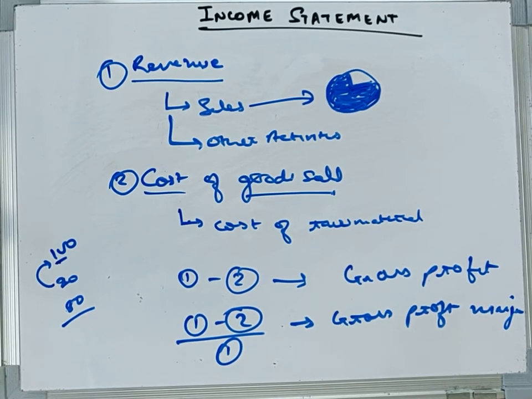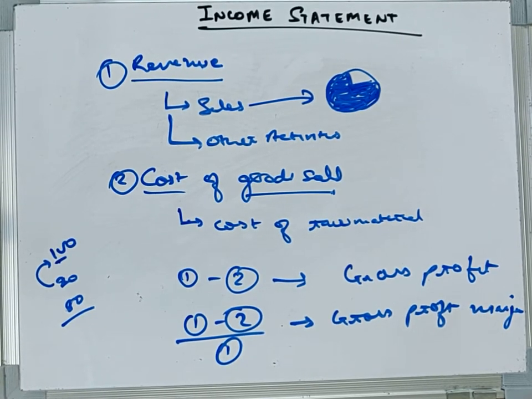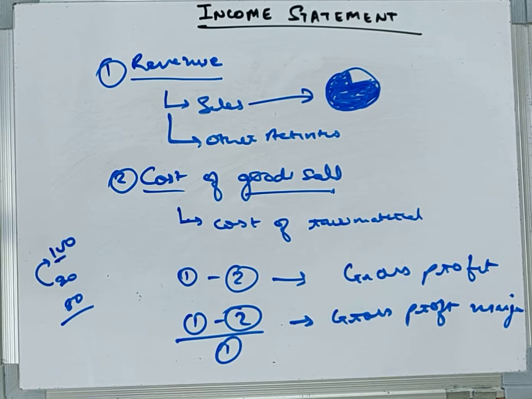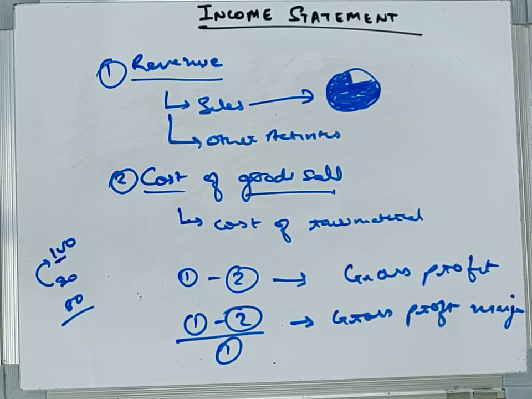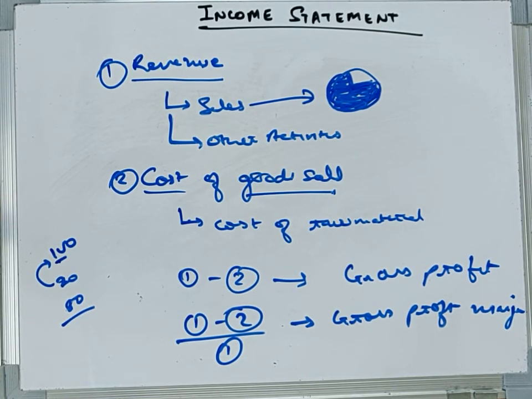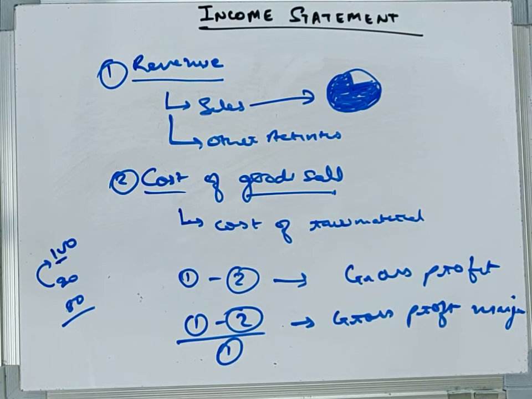So these are the terms that are associated with seeing the performance of the first level of business, that is revenue, sales and the costs associated with the sales.